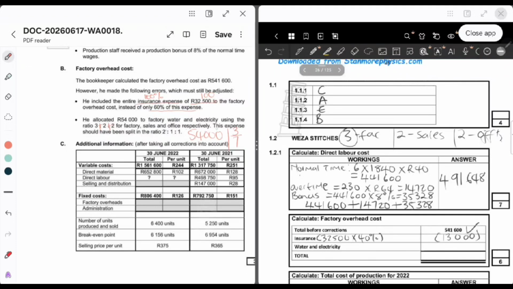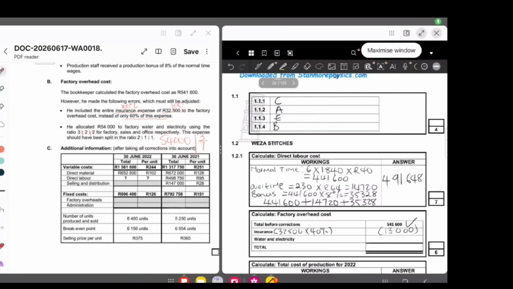However, they say that this expense should have been split in the ratio 2:1:1 instead of 3:2:2. So now we don't know the total water and electricity expense, but they told us that what we have is 3 over 7, right? For us to calculate the 100%, meaning the whole water and electricity expense, what we are given is 54,000, but this is not 100%.